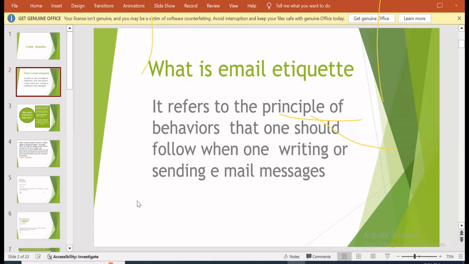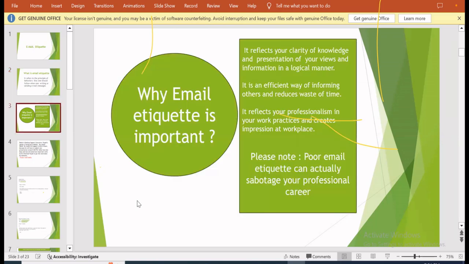In that case, whenever you are writing an email, you should be very cautious about how you write, what your words will be, and what you want to convey. For that reason, email writing is important, and you should know how to write email.